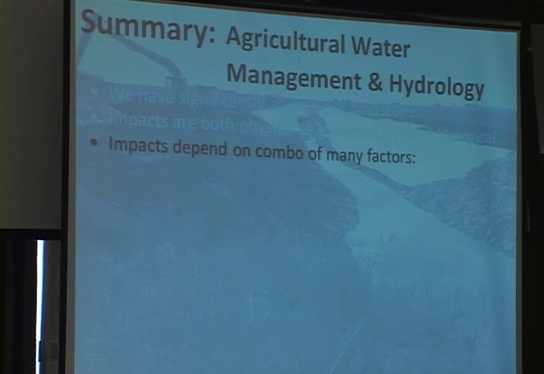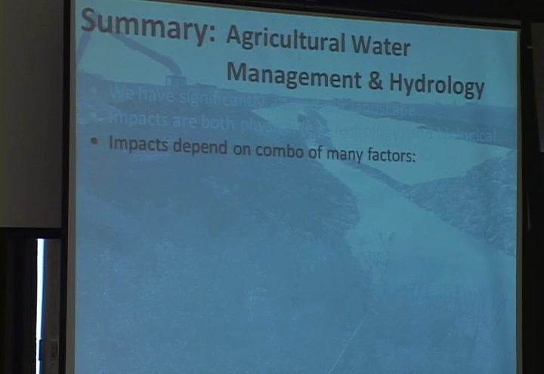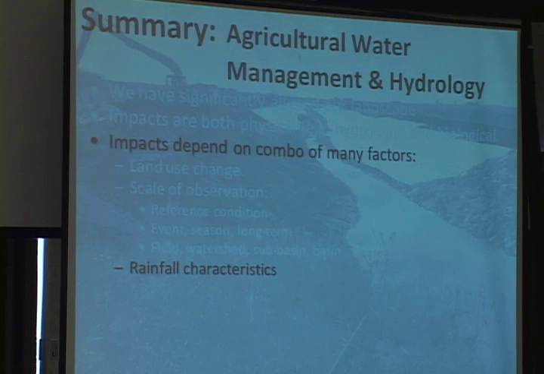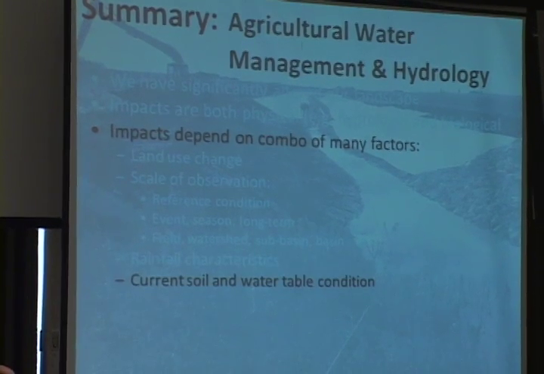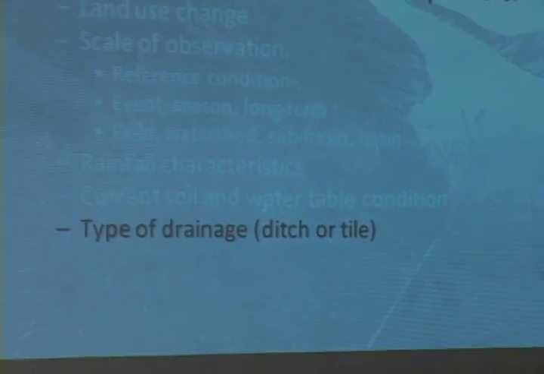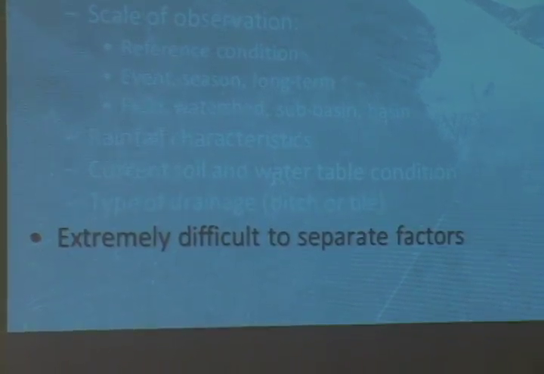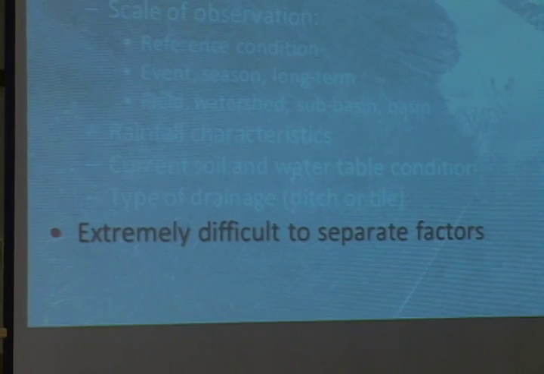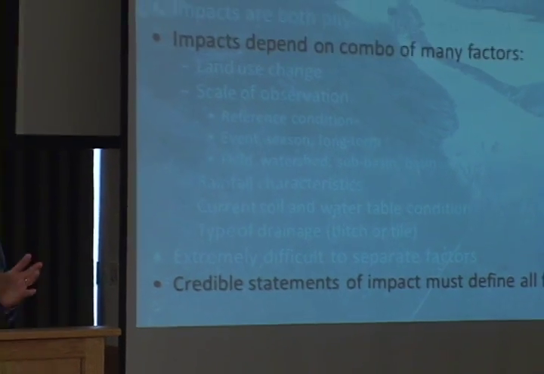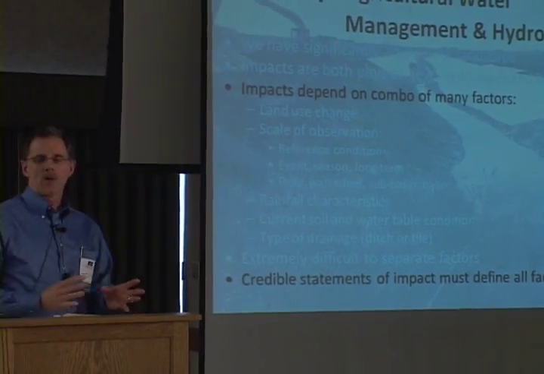The impacts of all of the ways we have altered the landscape depend on a combination of many, many factors: land use changes, the scale of our observation, or where we're looking for these impacts, rainfall characteristics, current soil and water table conditions that I didn't even provide examples on, and the type of drainage. It's extremely difficult to separate these factors. Making credible statements of impact must begin with defining all of those factors first.